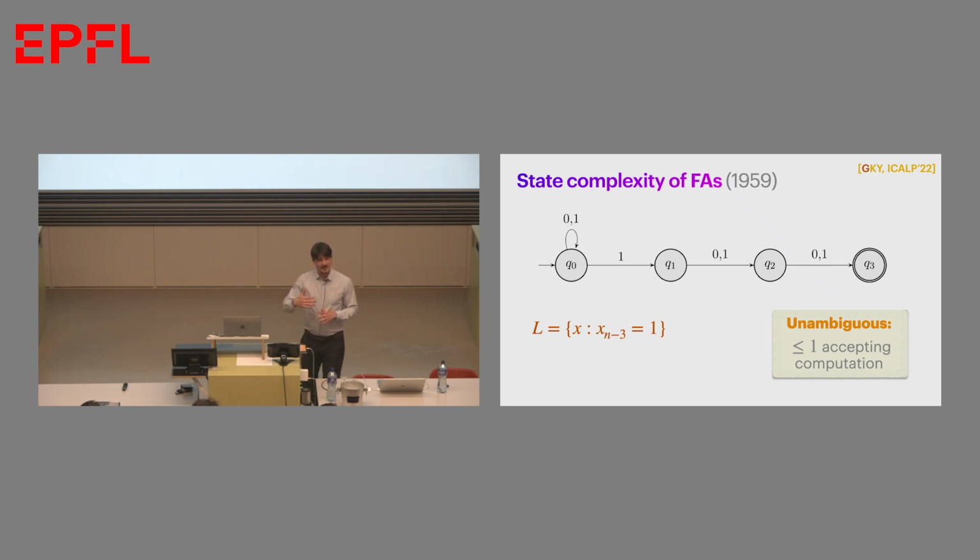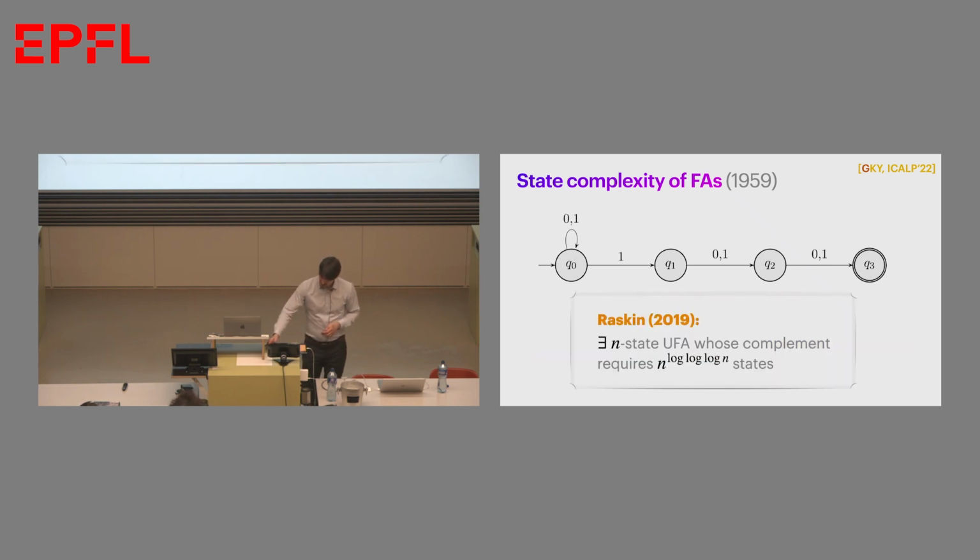Okay, so now automata have been studied since the late 50s, and I didn't think there were any open problems about them. So I was surprised to learn that actually there are some basic questions that are still open about these unambiguous machines. They kind of sit between deterministic and non-deterministic automata. And there was only recently a result that said that complementing unambiguous automata is kind of difficult.